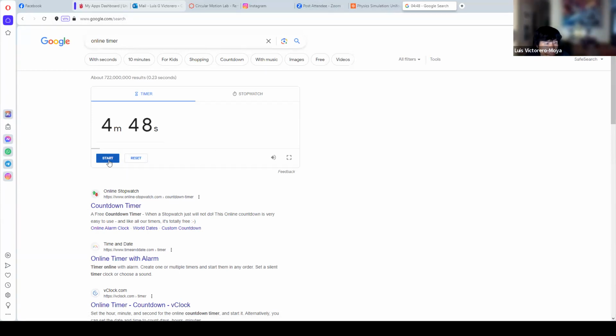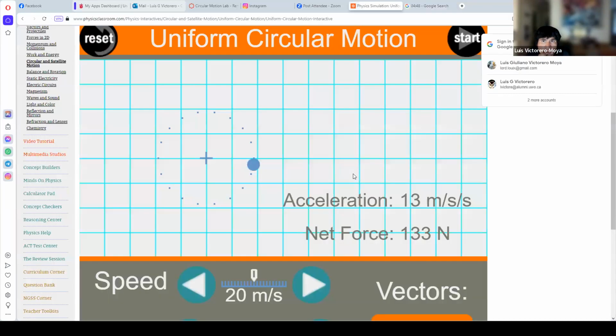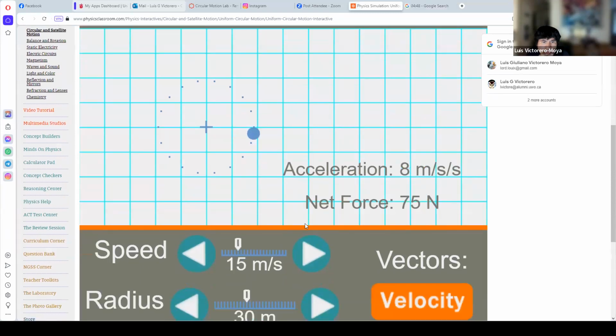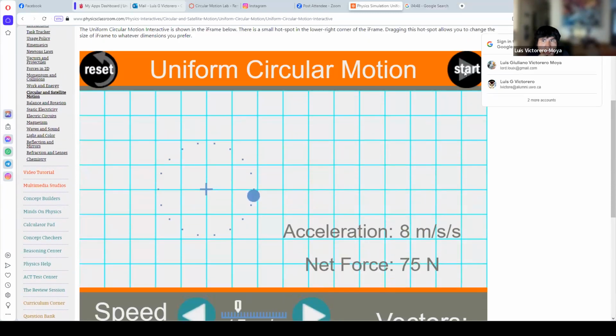Or you can use your phone. Make sure that this is not very high speed. So maybe you want to do 15. And then we want to reset this. And then you can easily time this revolution. That will be the period, and then you use the same equations as we show you in exploration physics.